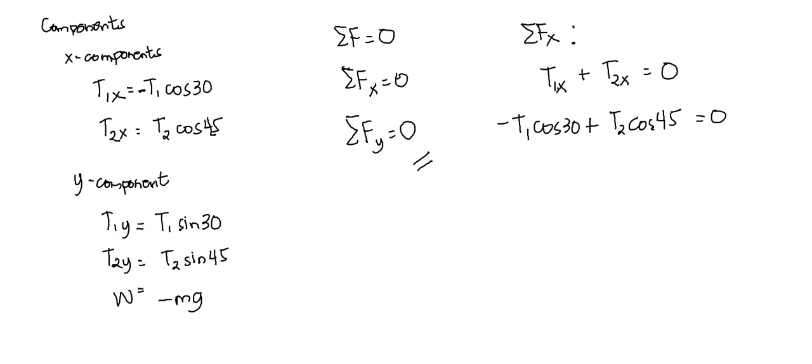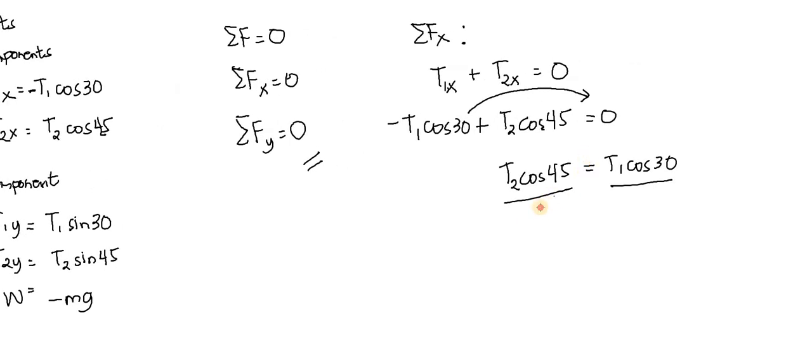To simplify this, we can add t1 cosine of 30 on both sides, or we can just transpose it to the other side of the equation. So that will be t2 cosine of 45 is equal to, this negative will become positive, t1 cosine of 30. For us to have the value of t2, we will divide both sides by cosine 45.